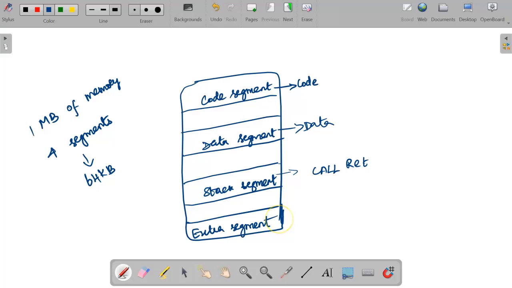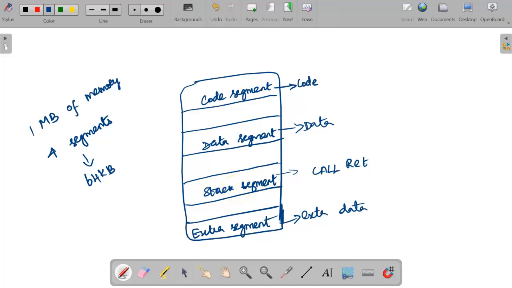If we have extra data, it will be stored in the extra segment. String related operations will be stored in the extra segment as well as the data segment. Destination data will be stored in the extra segment, and source data will be stored in the data segment. So we store data in the data segment, extra data in the extra segment, code in the code segment, and subroutine related instructions in the stack segment.